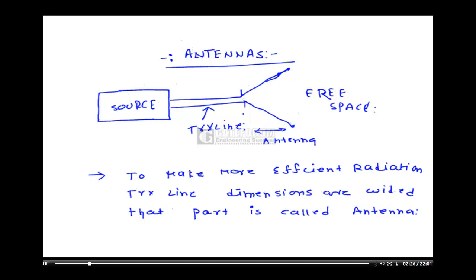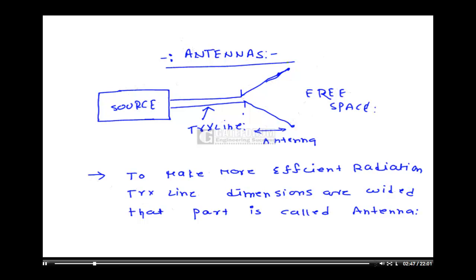There are plenty of definitions for antenna. An antenna is a metallic rod which is used for radiation purpose. In different textbooks we have different definitions for antenna. But the basic purpose of an antenna is to radiate energy into free space.